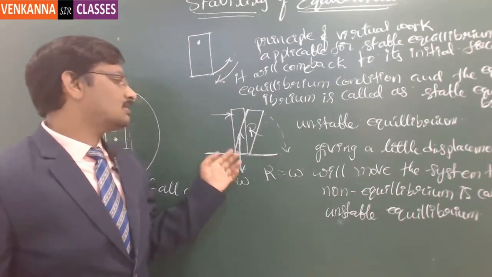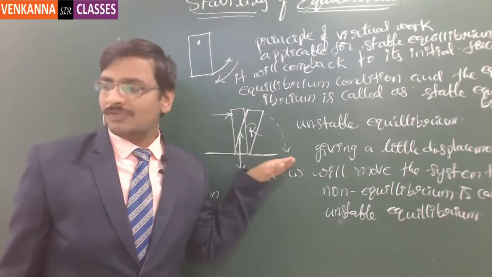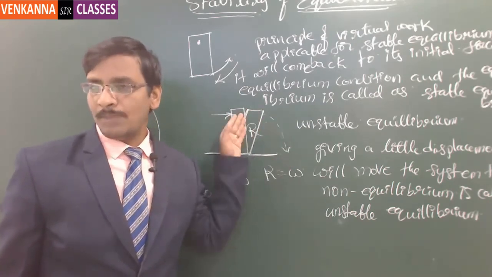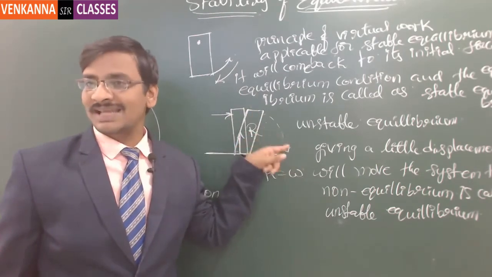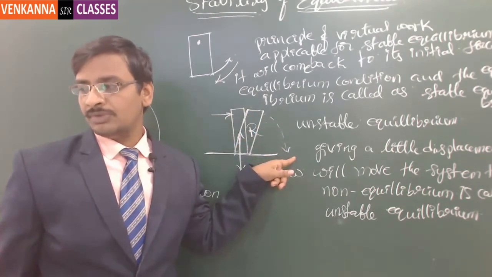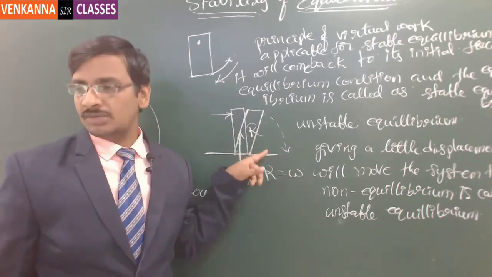But in this case, if you give a little displacement, it will fall down like this. That means it is moving the body away, so it won't come back. Obviously the work done is more, so it is releasing the energy in the form of work. This is unstable equilibrium, hence the principle of virtual work will not be applicable here.